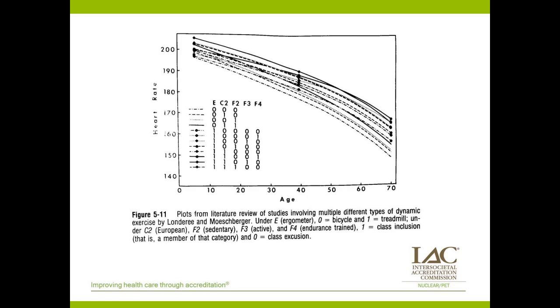And this is true whether you have a person who is a North American, a European, whether they're sedentary or active, or even if they're endurance trained. So like our marathoner at the beginning of the presentation, his maximum achievable heart rate is expected to be lower than someone half his age.